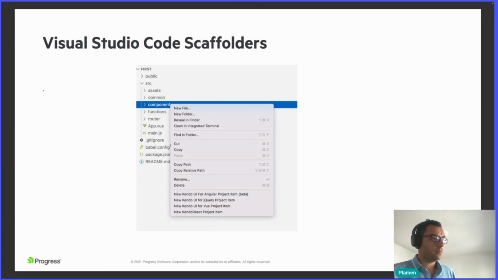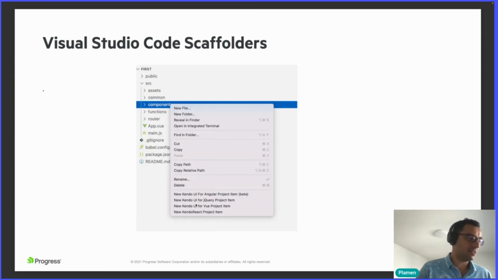And from this release, we have this context menu that provides the ability to add new pages for Vue or React in an already existing application. So that's another great improvement. We keep on improving in that because it gives you a much faster experience with Kendo again.